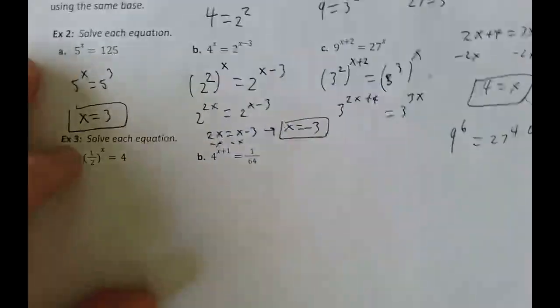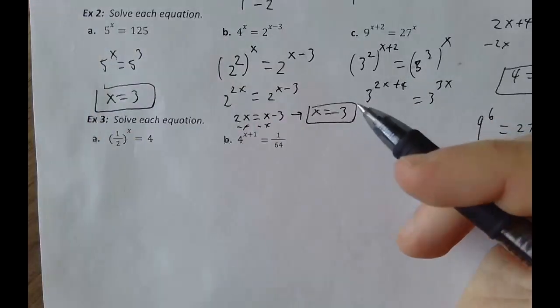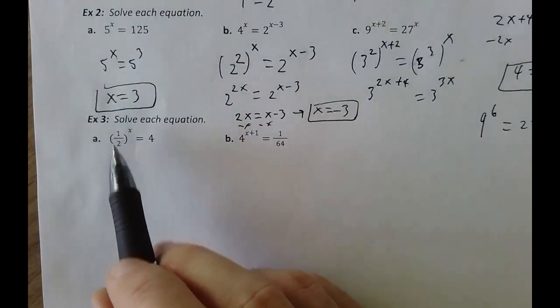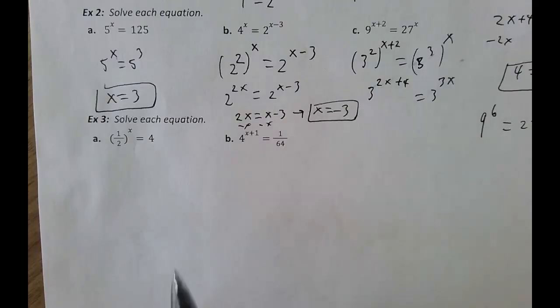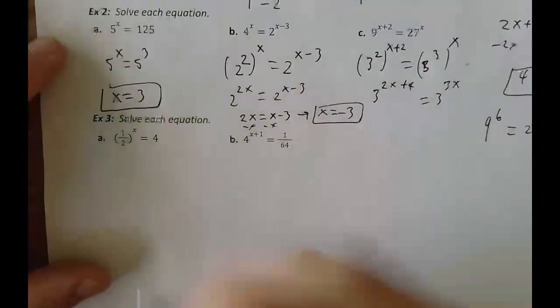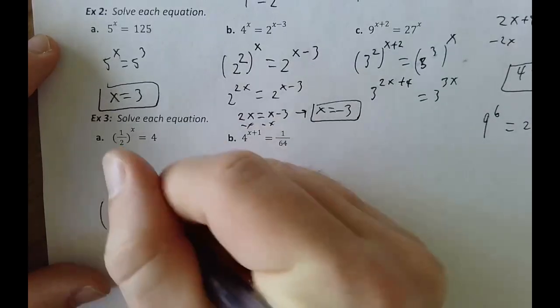Let's try one last example here, one last variant of questions. Here, we've got a fraction, 1/2, and a fraction over here, 1 over 64. So how do we deal with these? When you see fractions, that indicates negative exponents. You remember, 1/2 we could write as 2 to the negative 1.